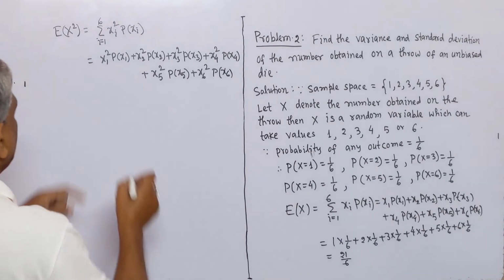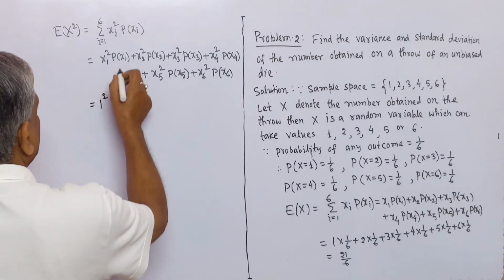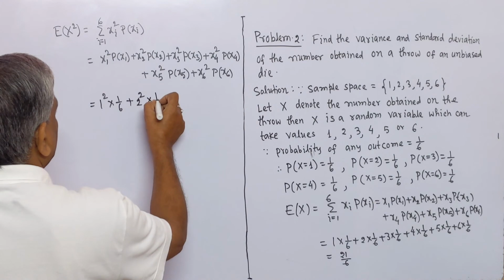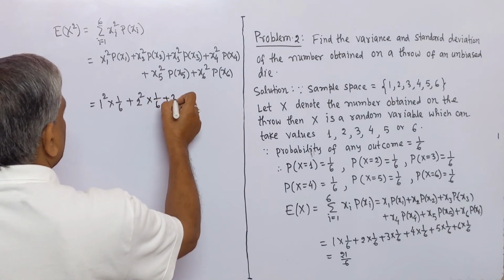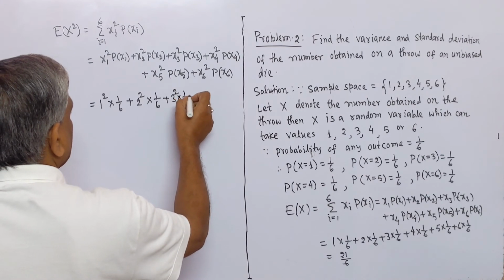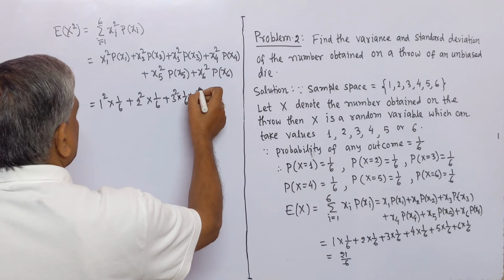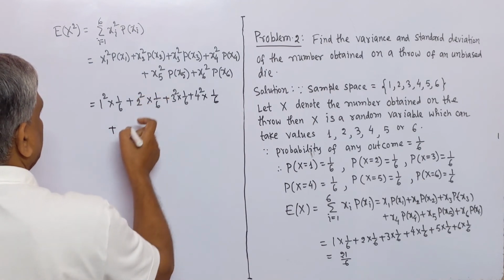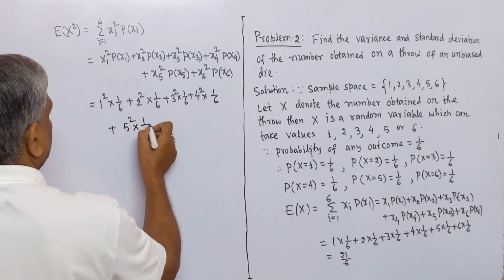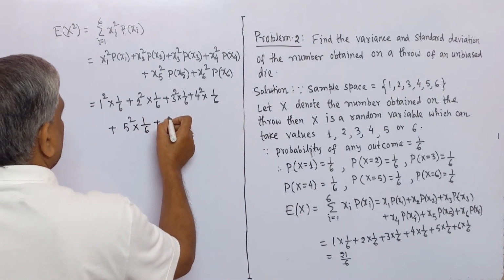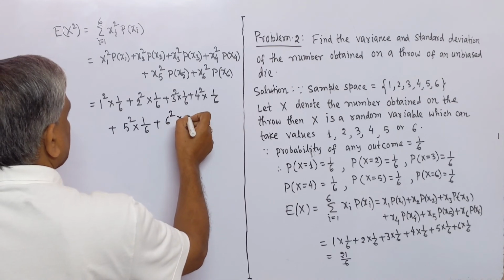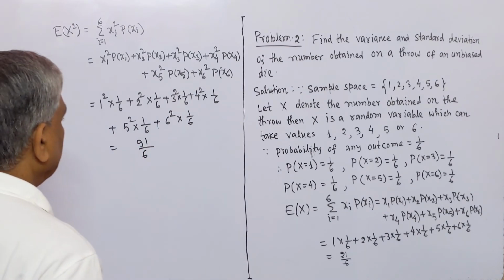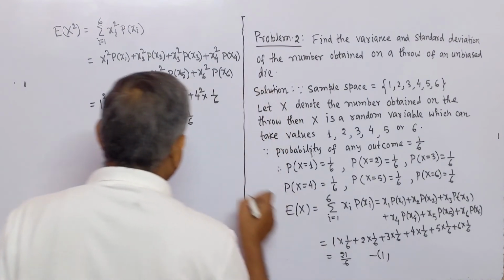Here x1 is 1, so this is equal to 1 square times 1 by 6, 2 square times 1 by 6, 3 square times 1 by 6, 4 square times 1 by 6, 5 square times 1 by 6, 6 square times 1 by 6, and this is equal to 91 by 6. Let this be number 1, this is number 2.